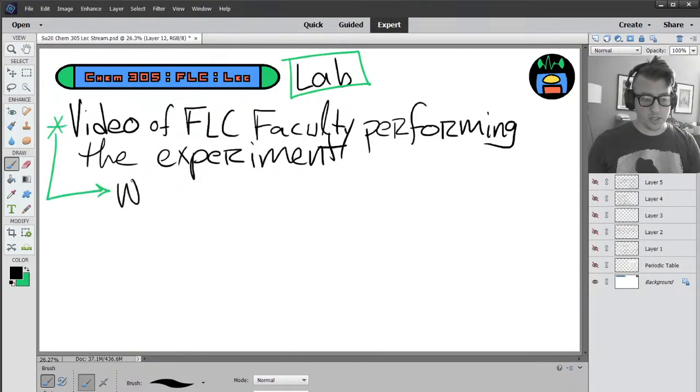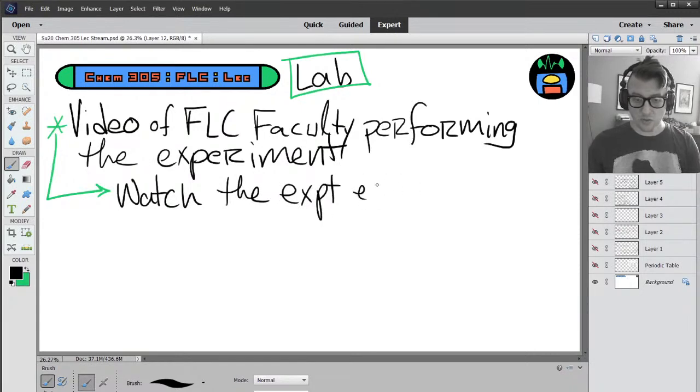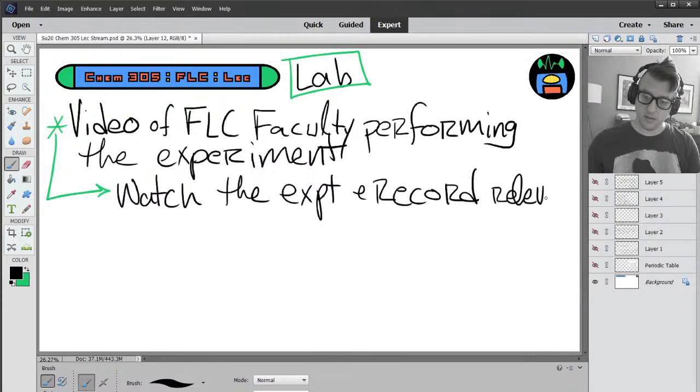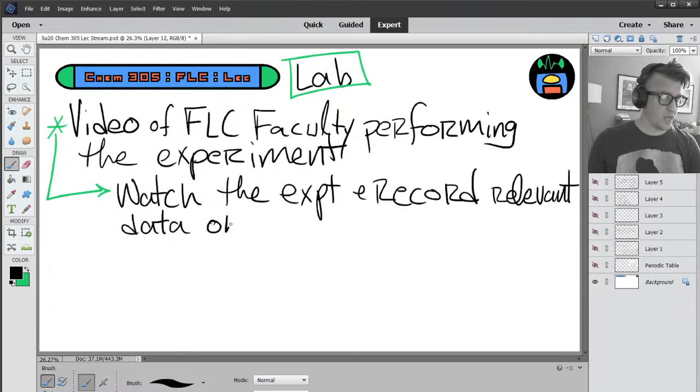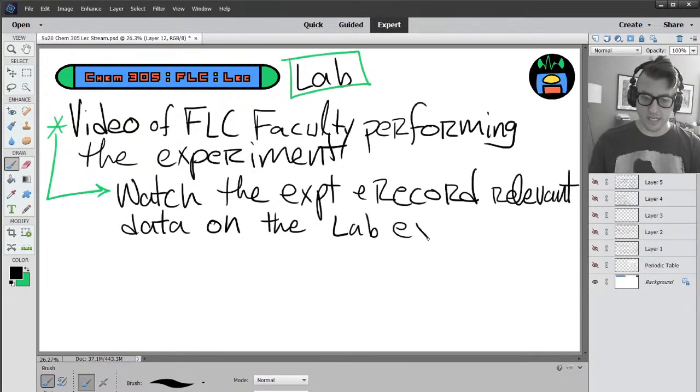You need to both watch the experiment and record relevant data on the lab exercise.